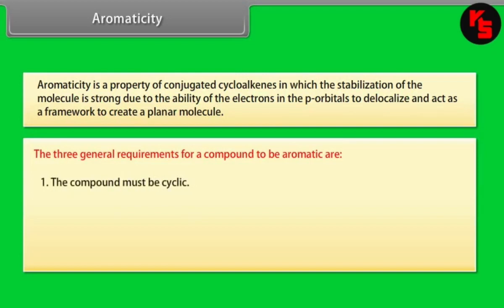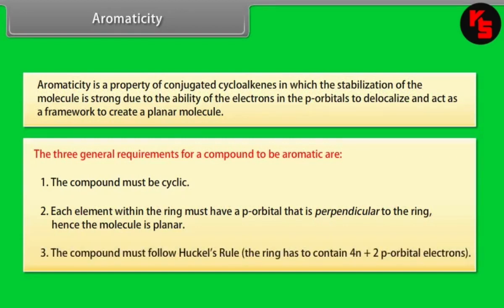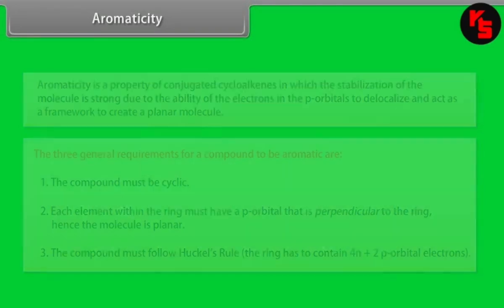The compound must be cyclic. 2. Each element within the ring must have a p orbital that is perpendicular to the ring, hence the molecule is planar. 3. The compound must follow Huckel's rule. The ring has to contain 4n plus 2 p orbital electrons.